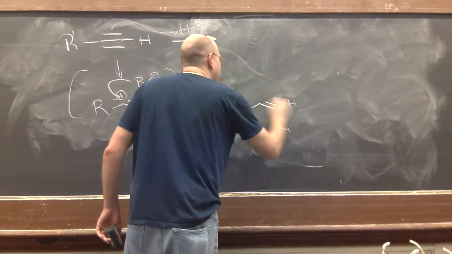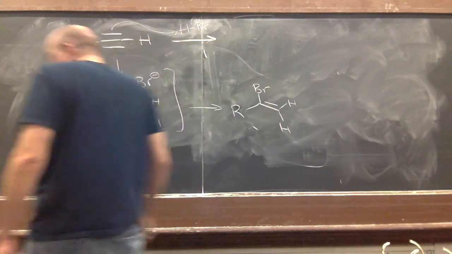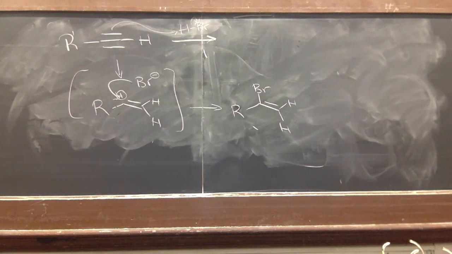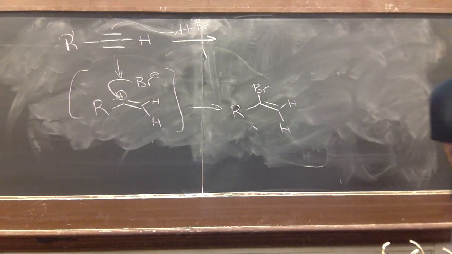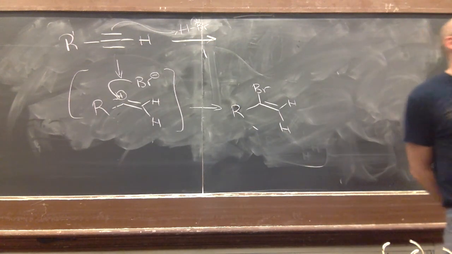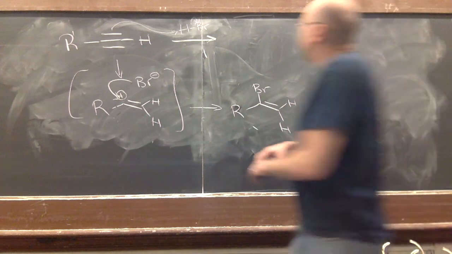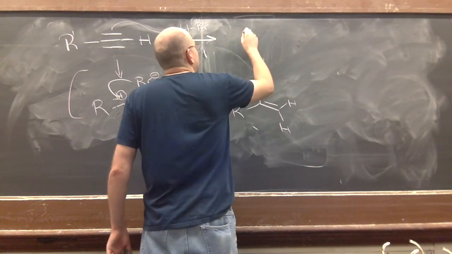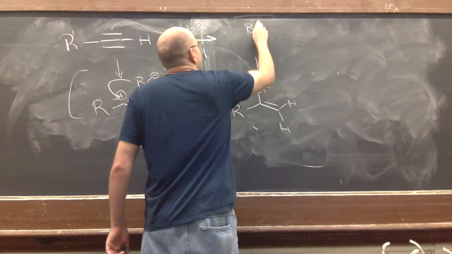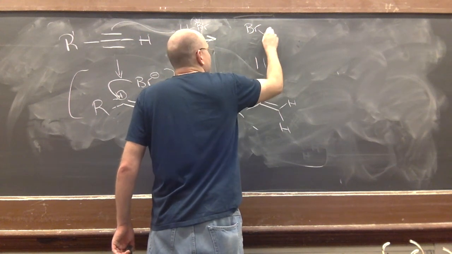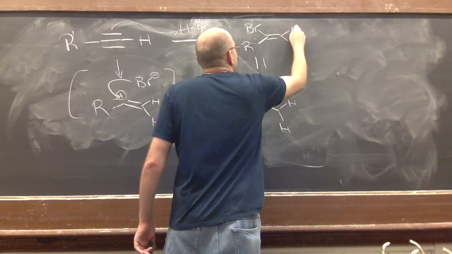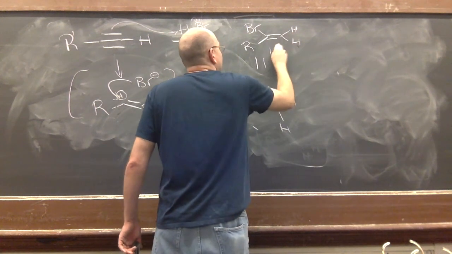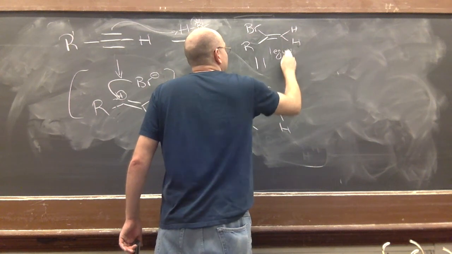So if the bromide attacks the carbocation, this is just like adding HBr across a double bond, except that now we still have the alkene there. And in fact, if you used one equivalent of HBr, you could stop here. This would be the product with one equivalent.